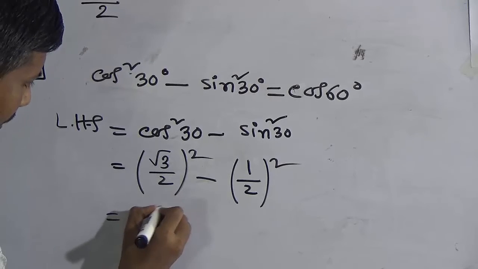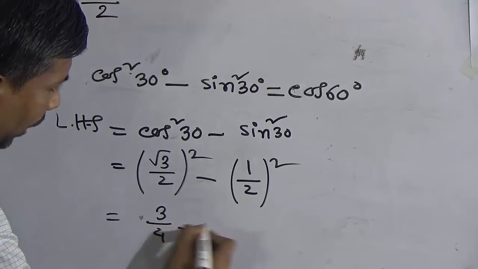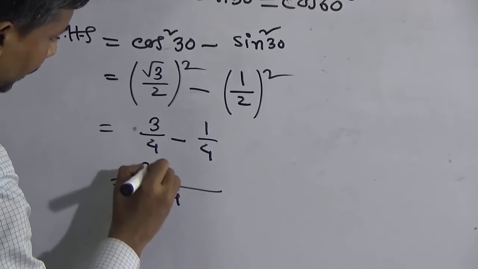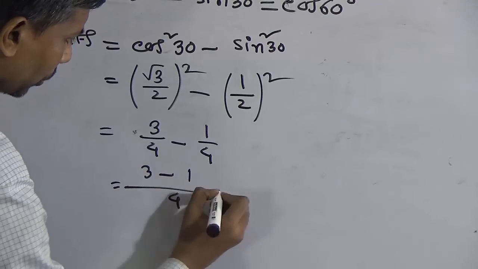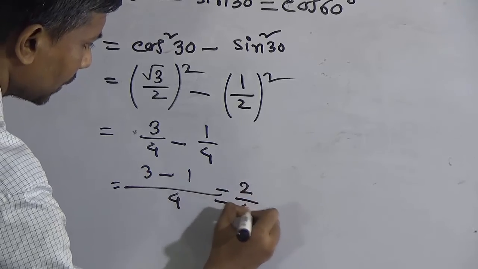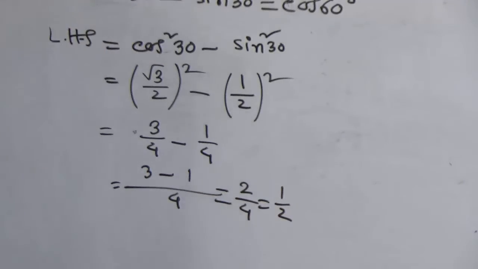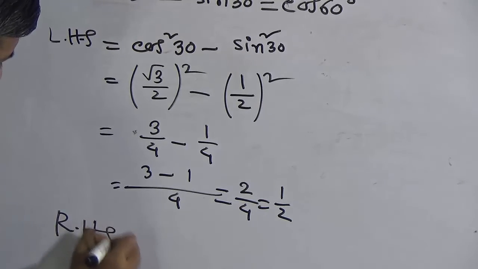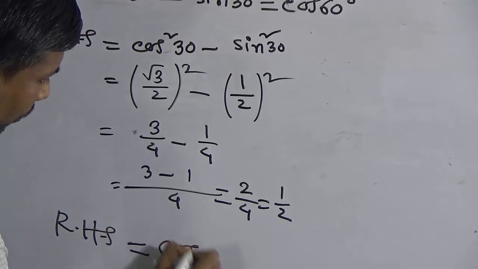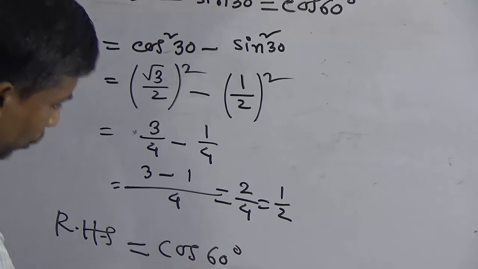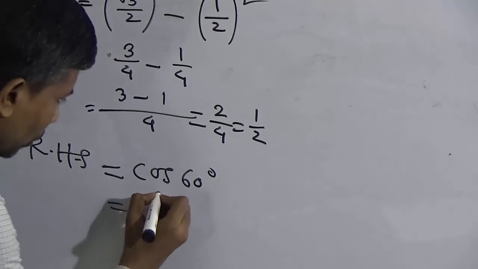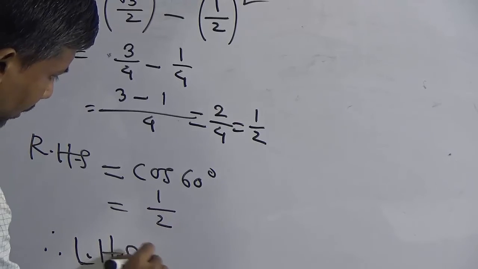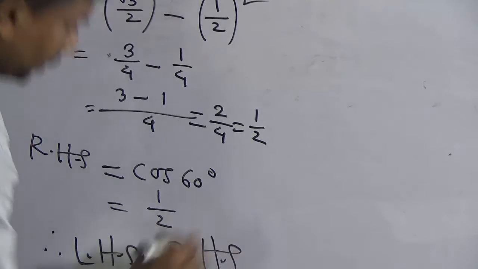This means 3 by 4 minus 1 by 4. Now calculate 3 minus 1. This is equal to what? 2 by 4. Reduce now, then you get 1 by 2. Okay? Then see right hand side cos 60 degree. Cos 60 degree means what? 1 by 2. That means left hand side equal to right hand side.